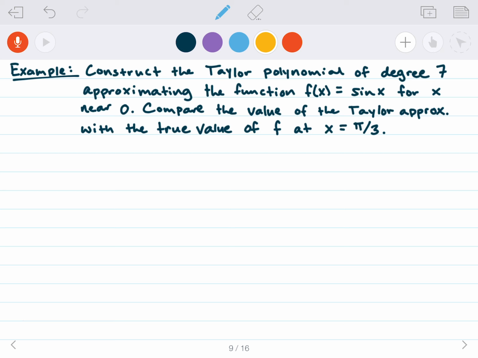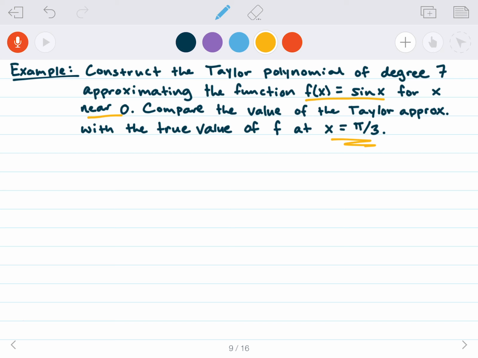Okay, so it says construct the Taylor polynomial of degree 7, approximating the function f of x equals sine of x for x near 0. And then we're going to compare the Taylor approximation with the actual value. Okay, so let's go ahead and look at that formula. Well, the first thing we need is all of these higher order derivatives up to 7.